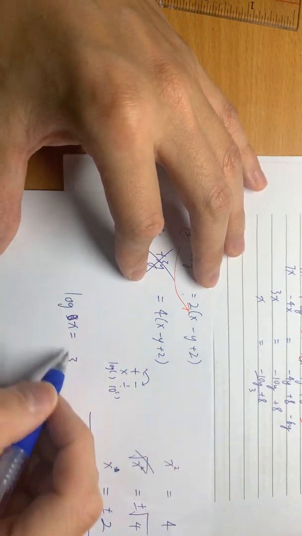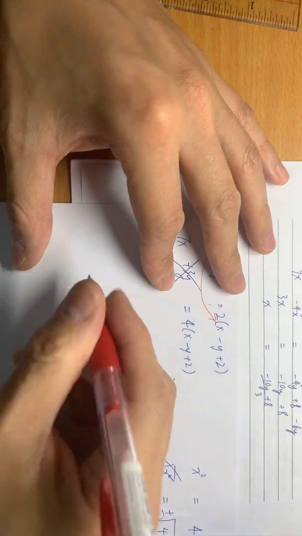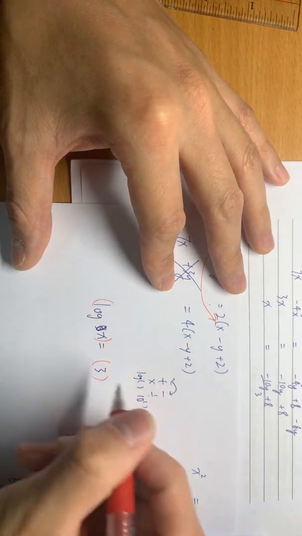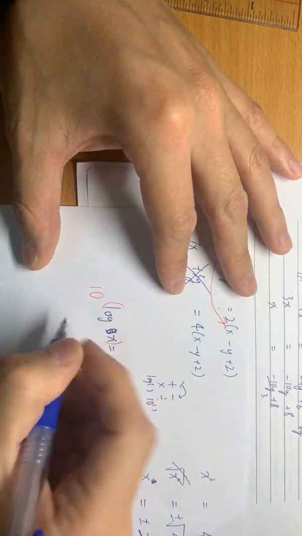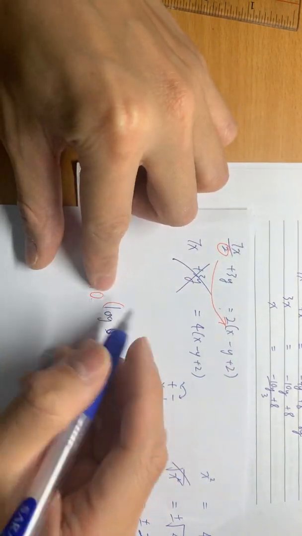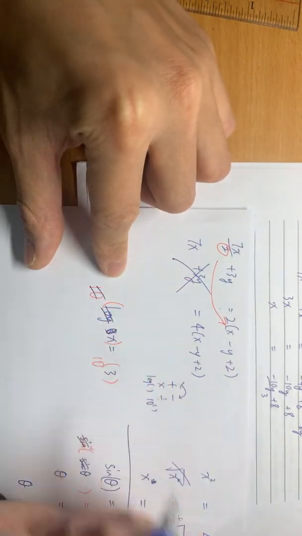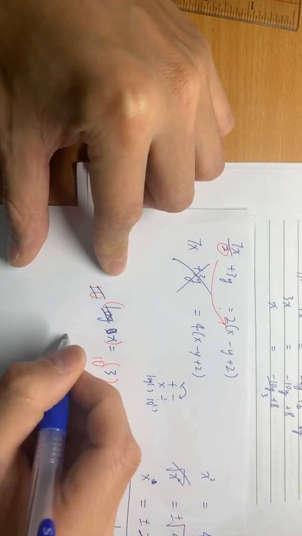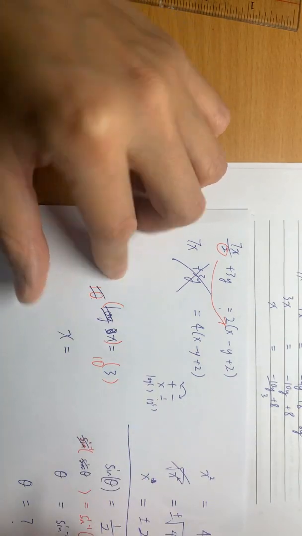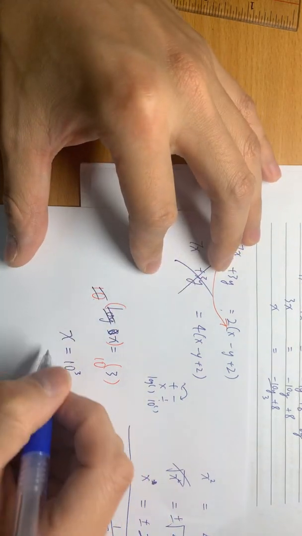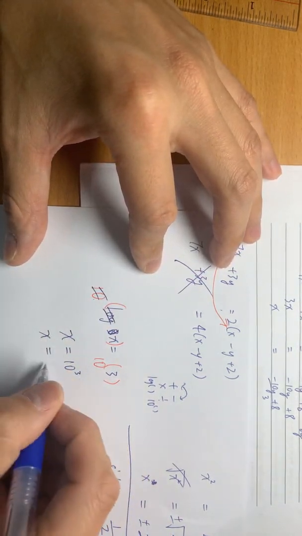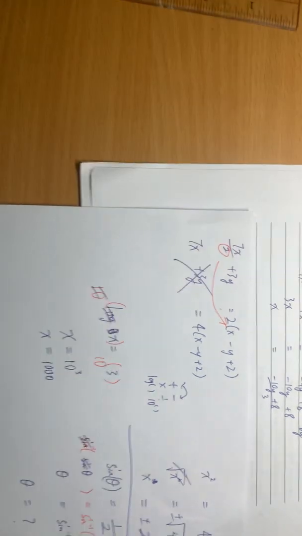So if you are going to cancel out this one, you are going to make 10 power of something. Log and 10 power of something have opposite effects and cancel each other. So x is left on the left hand side. Right hand side, nothing to change, it is 10 power 3. So if we use the calculator, that means 1000.